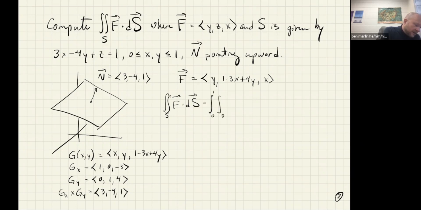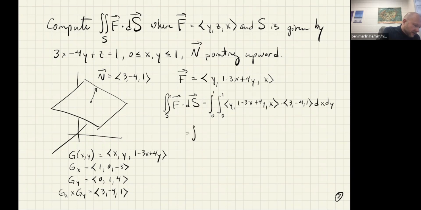Notice that it said the x's and y's both go from 0 to 1. And then we would have to take the dot product here, y, 1 minus 3x plus 4y, x, dotted together with 3, negative 4, 1, dx dy.